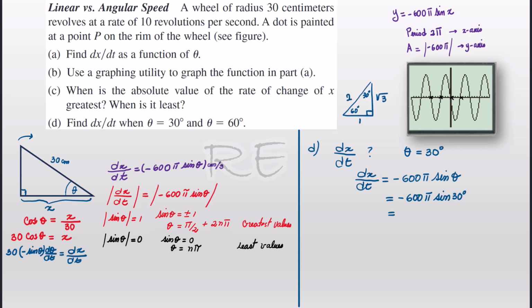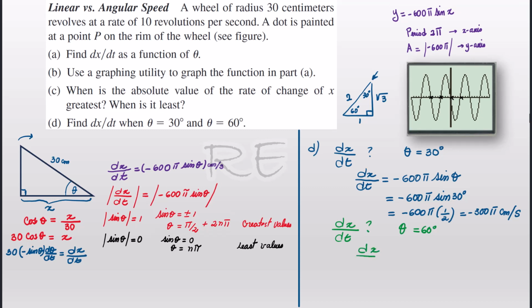According to the reference triangle, sine 30 is opposite over hypotenuse, so it's 1/2. So we multiply negative 600 pi by 1/2, which is negative 300 pi centimeters per second.